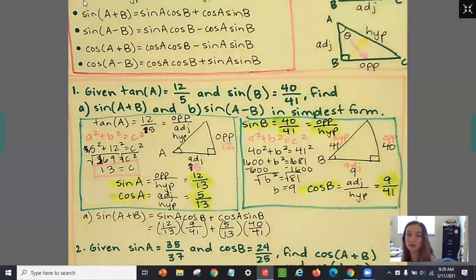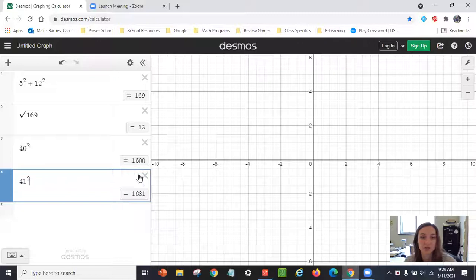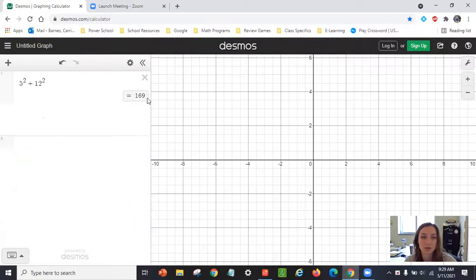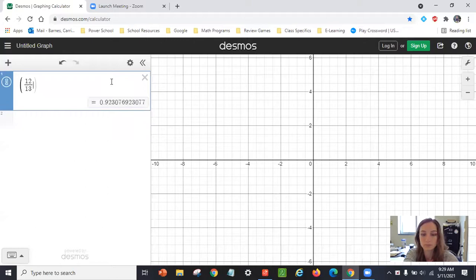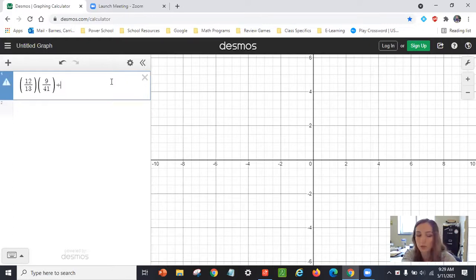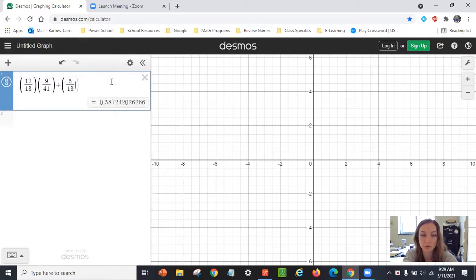We're going to type this into a program and convert it to a fraction. I'm going to type it into Desmos. You could also type it into a graphing calculator and click Math, Enter. So we do 12 over 13 times 9 over 41 plus 5 over 13 times 40 over 41.